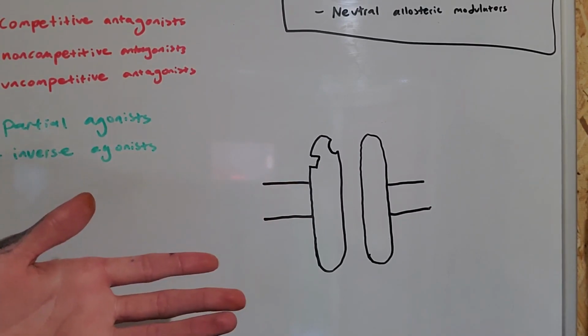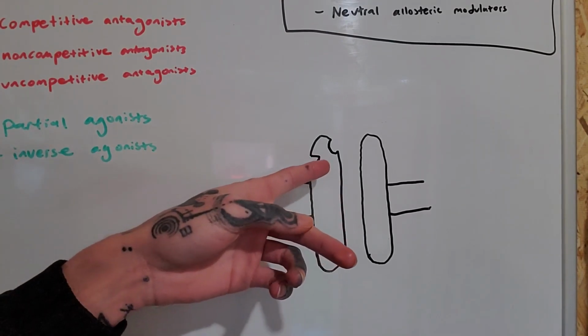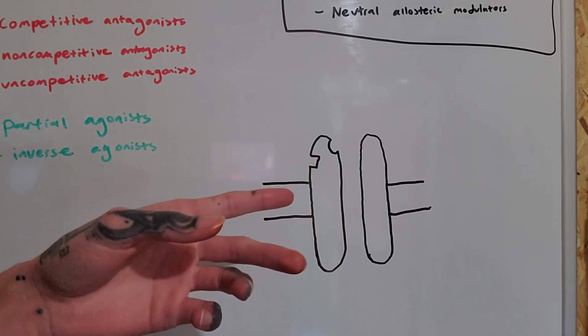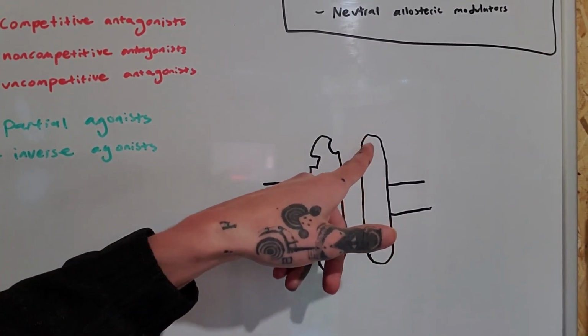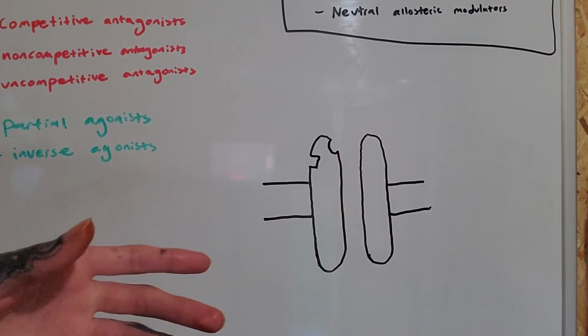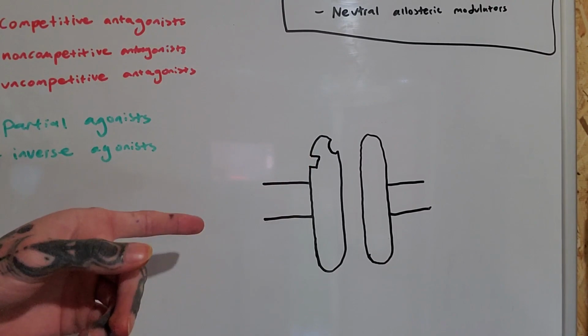Like in the case of the GABA receptors, the orthosteric site would be the site where GABA binds. With NMDA receptors, there would be two sites where glycine and glutamate would bind. There's also the allosteric site, which is a regulatory site.